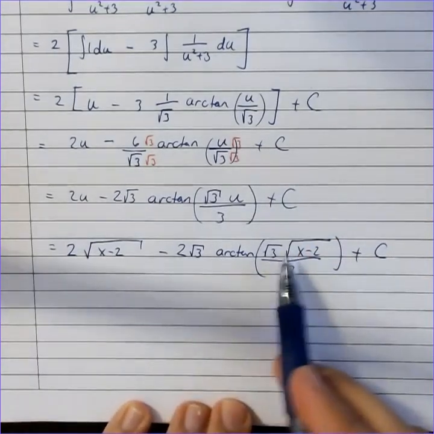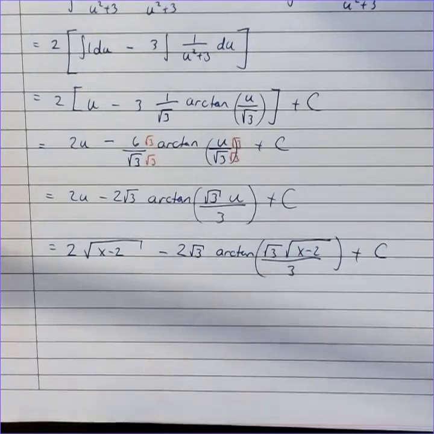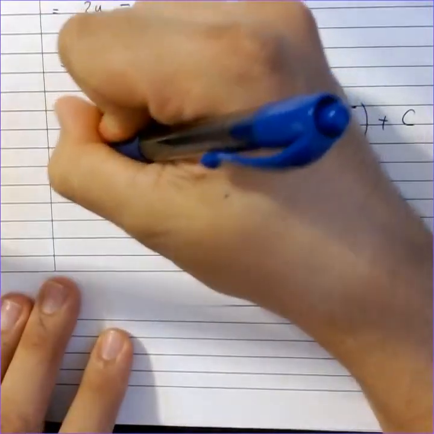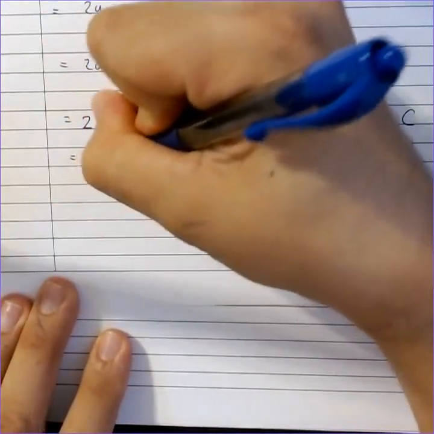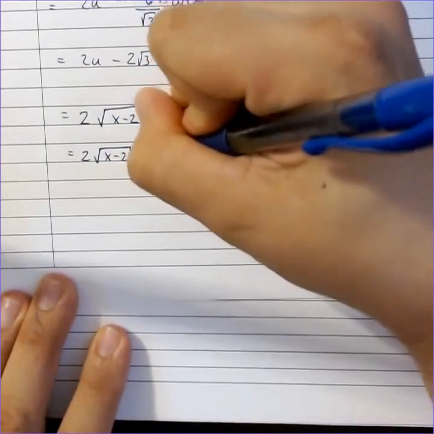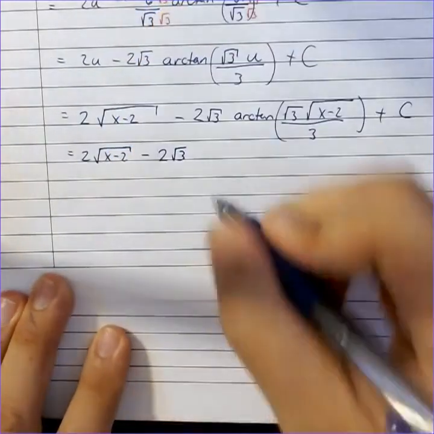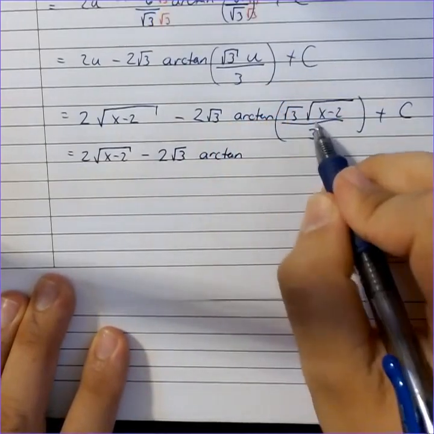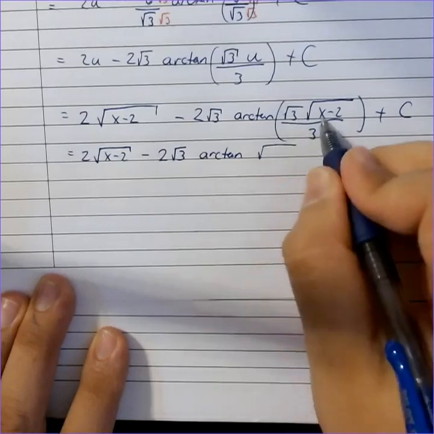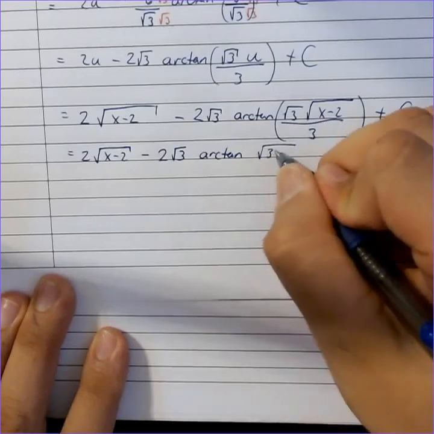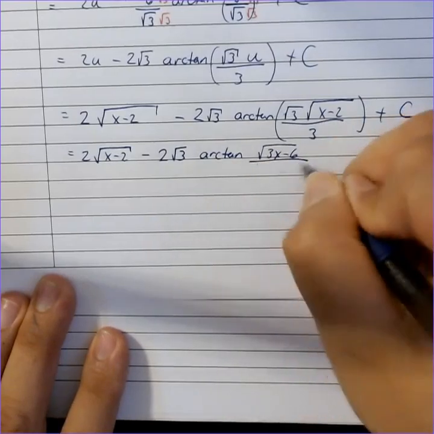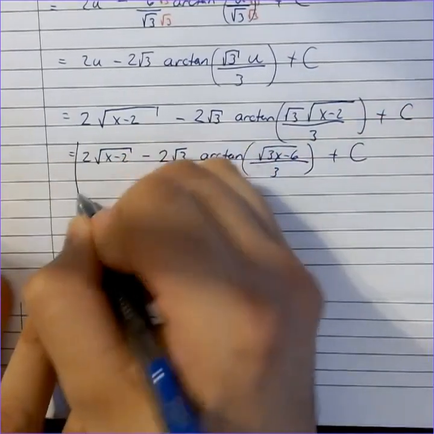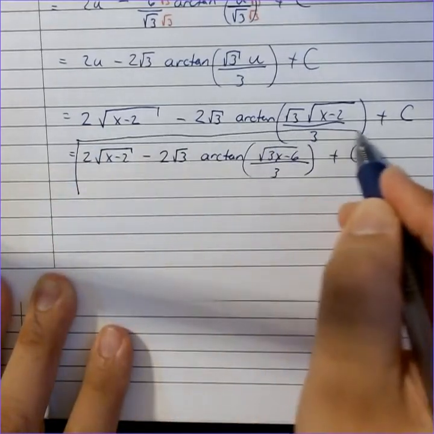And notice, since this is the product of square roots, I can just merge those together. So in the end, I get a result of 2 square root of x minus 2 minus 2 root 3 times the arctangent of the square root of 3x minus 6 over 3, plus a constant of integration.